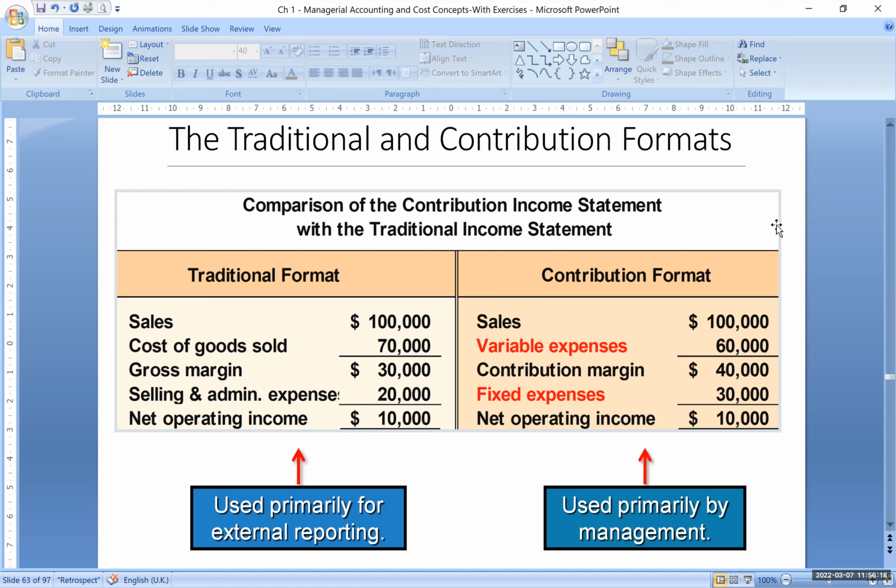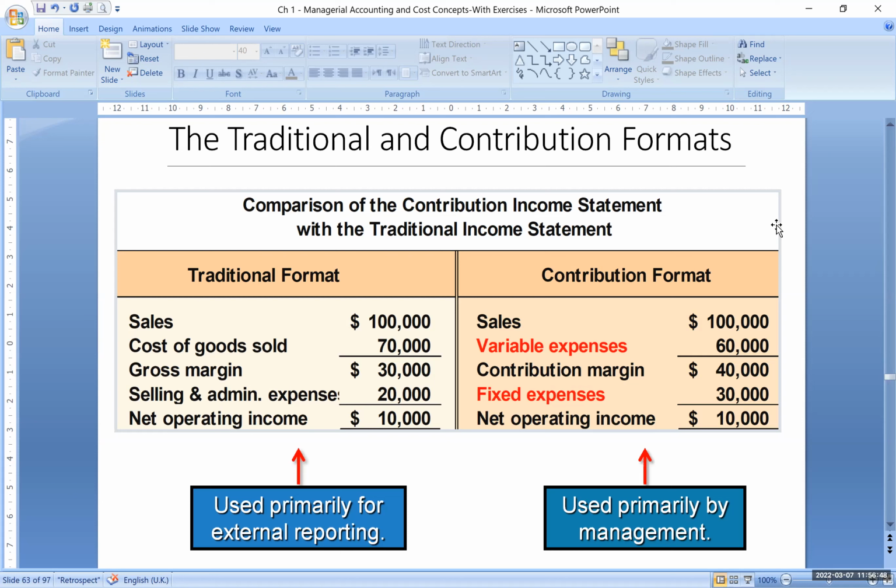And usually we have to use this traditional format for our reporting for external users. So if we prepare an income statement, definitely we have to use the traditional way in disclosing our income statement for external reporting according to the international standards of accounting.